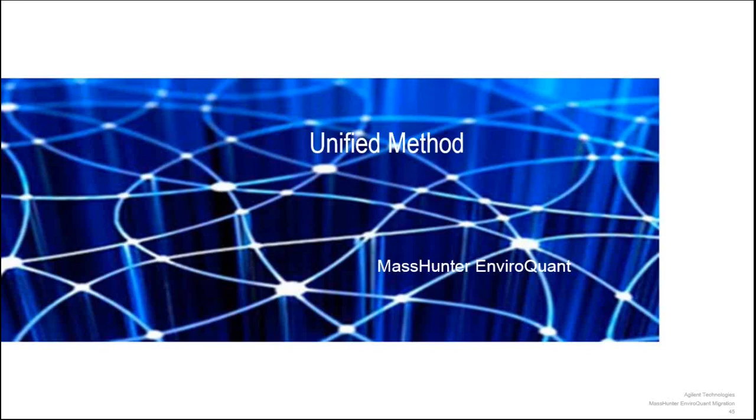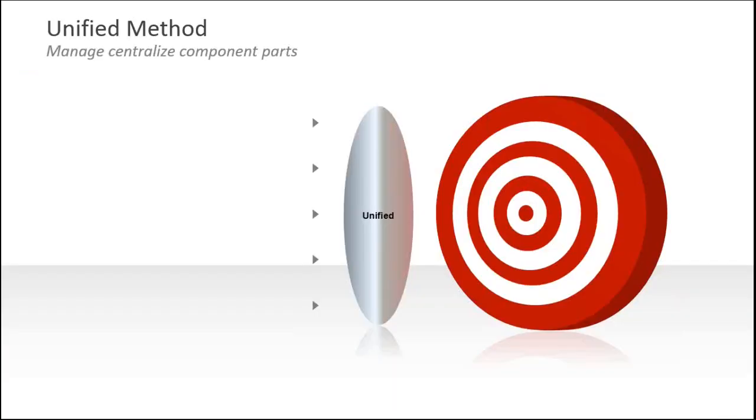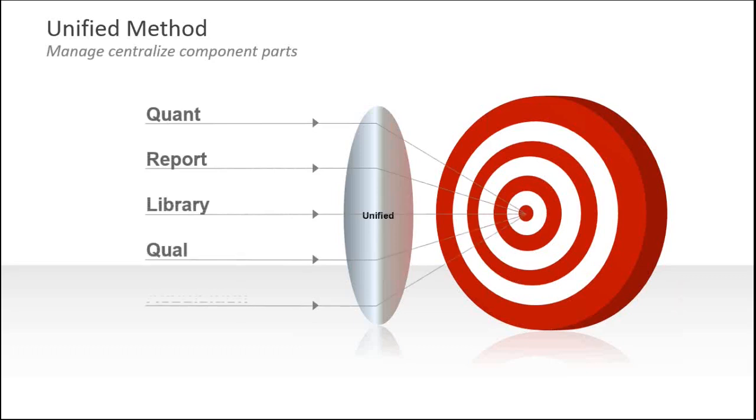So if you're working with samples, multiple instruments, and I'll mention in a moment multiple sites potentially, it's important to collect the method together, especially from the analysis point of view. And the unified method, what I mean by that is the parts of the method are broken into component parts, the report, and I'll show you the library in a second.